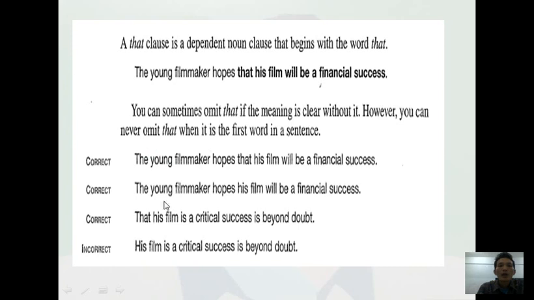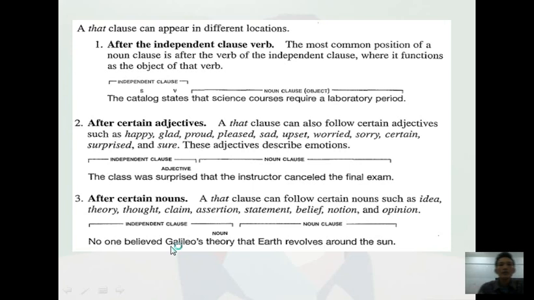It is no problem. But in the last one, his film is a critical success is beyond doubt, it is false. It must be better with the word that: that his film is a critical success is beyond doubt. You have to put that in front of his film. Okay. And then that clauses can appear in different locations.